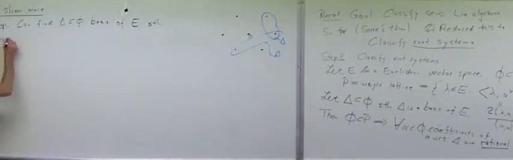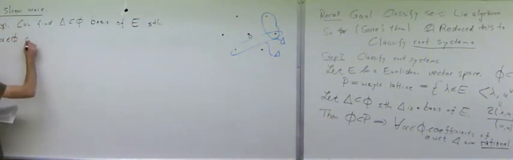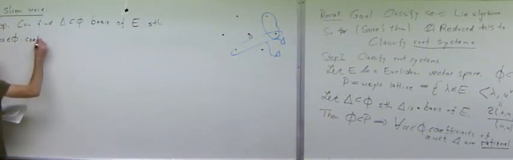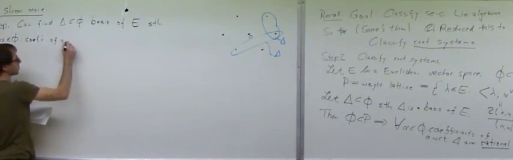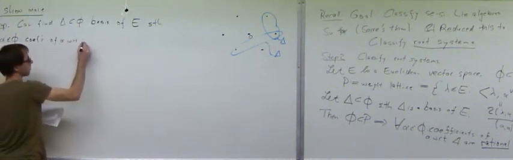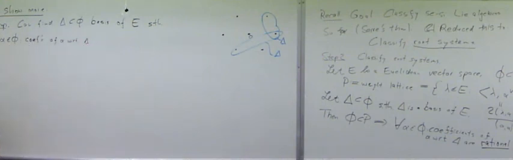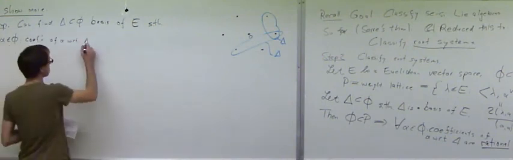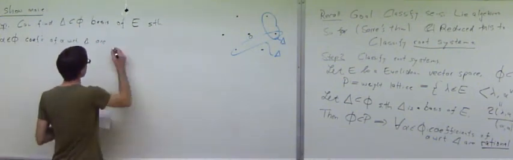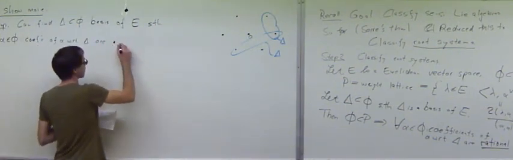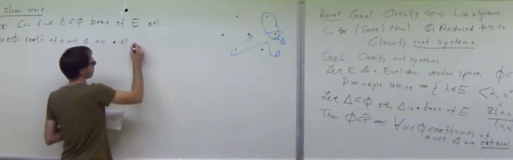I pick any root and I consider the coefficients of my root with respect to delta. So they are all integers.